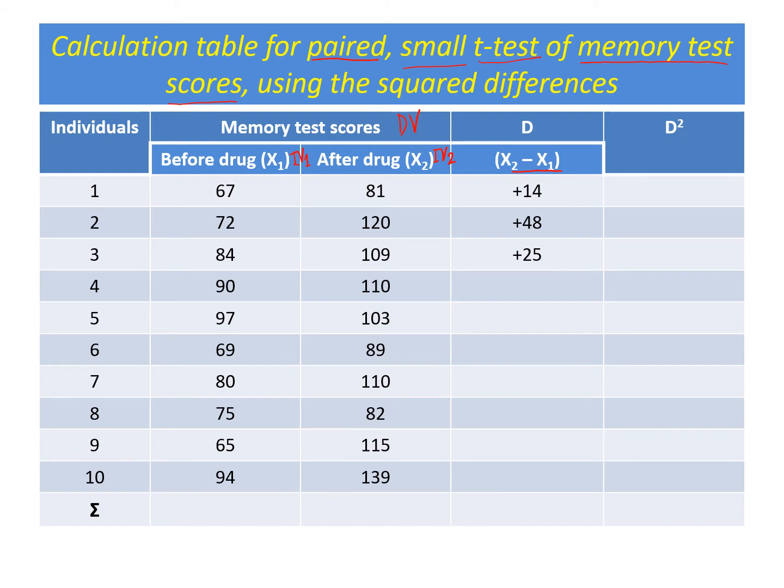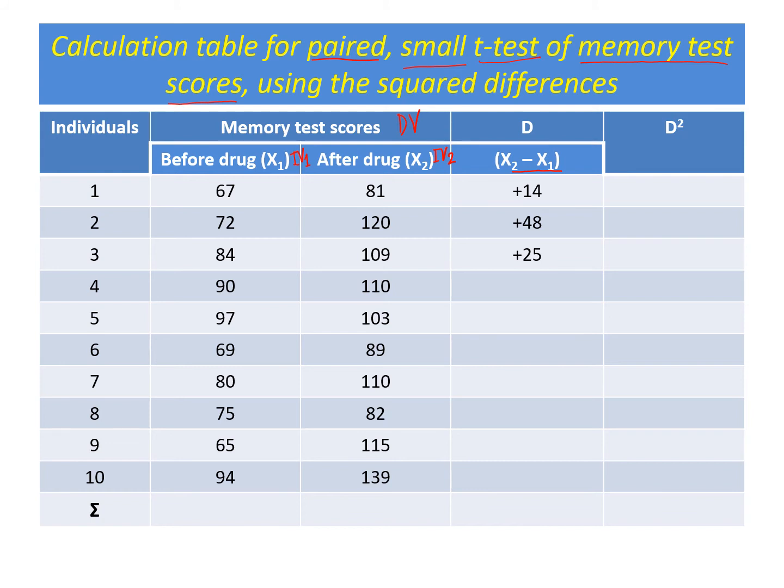So 81 minus 67 is plus 14. Then 120 minus 72 is plus 48. 109 minus 84 is plus 25. The rest of the portion I thought I would calculate with you, so I left it out.